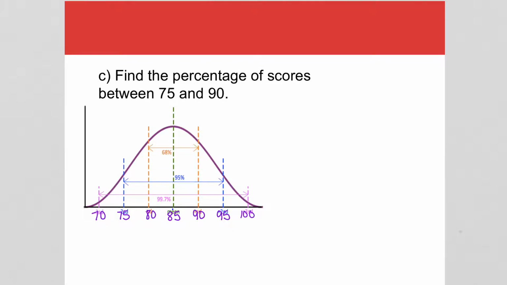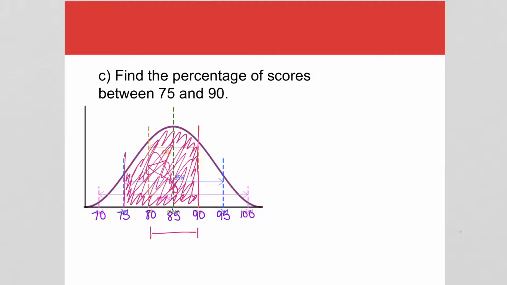And C, find the percentage of scores between 75 and 90. So here's 75, here's 90. This one's a little bit more complicated. So, again, we know that from here to here is 68%.